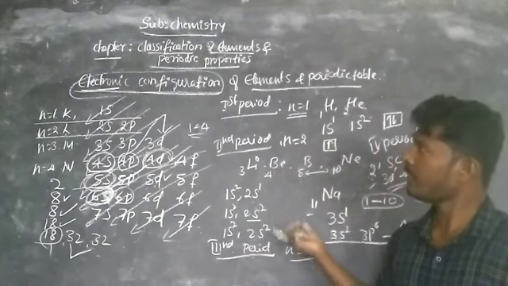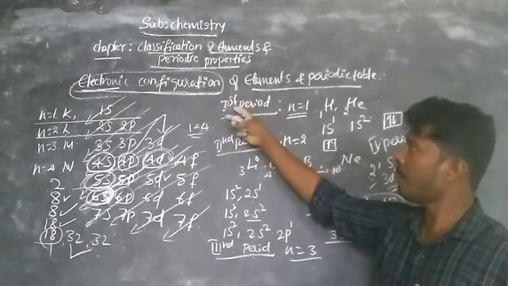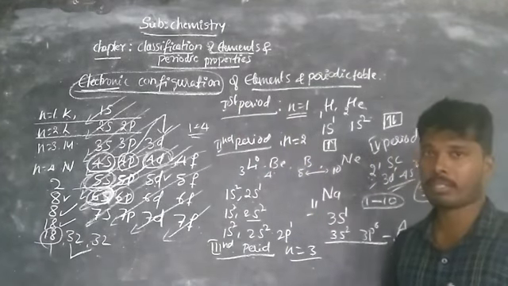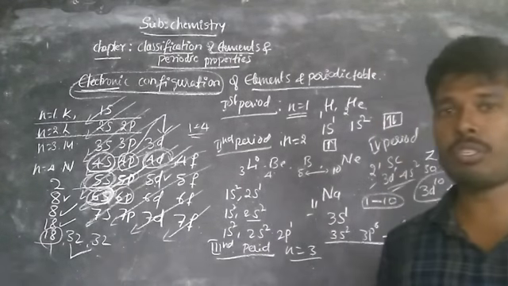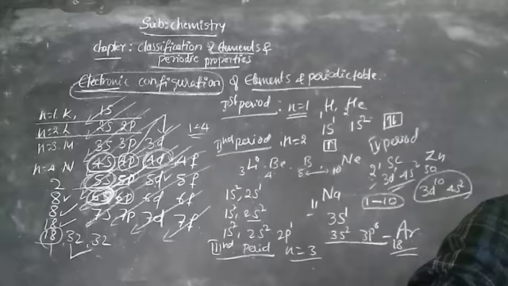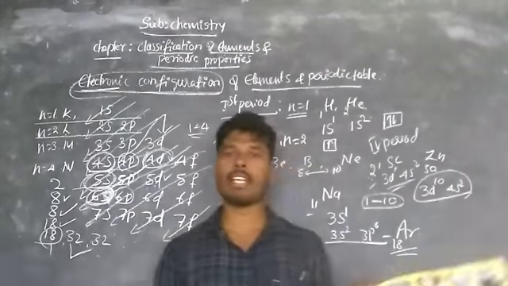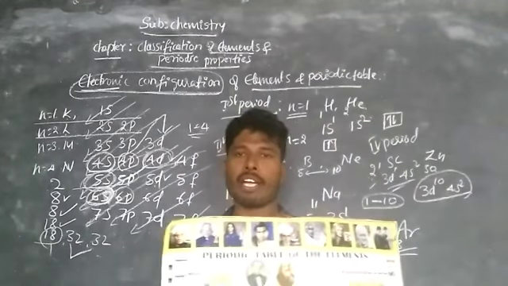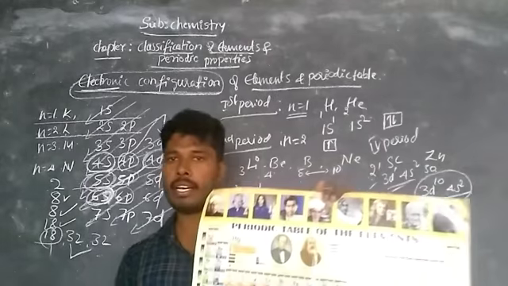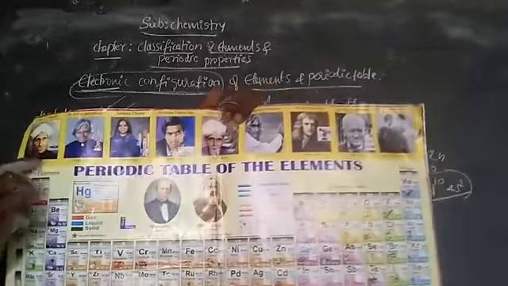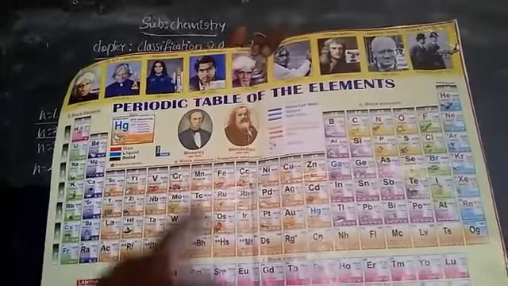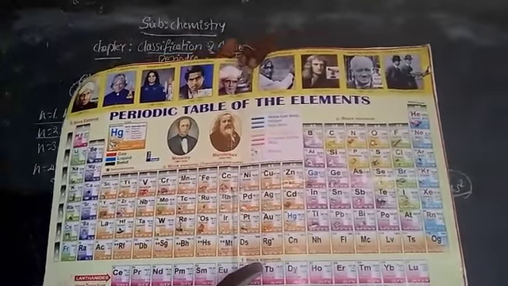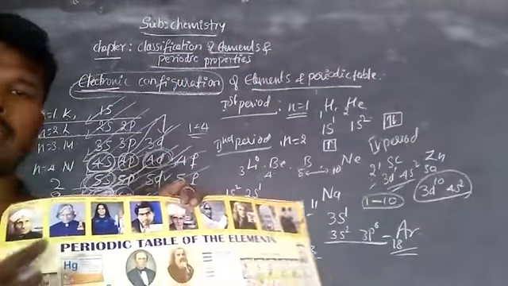So the electronic configuration and elements of the periodic table is completed. Then the next concept is classification of elements into different blocks. See, there are 4 blocks basically: S block, P block, D block and F block. We will study this in the next class.